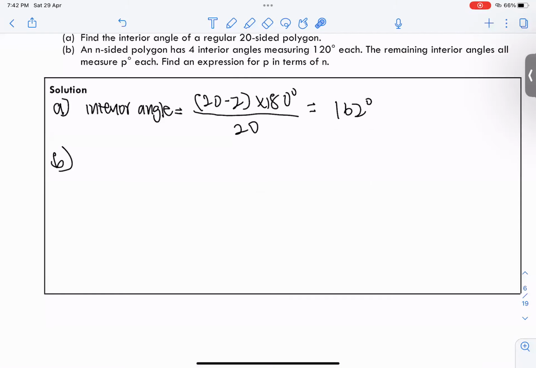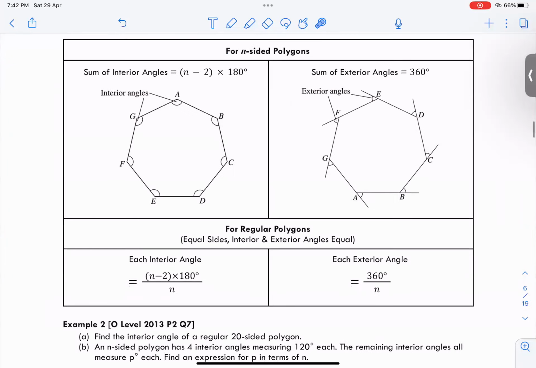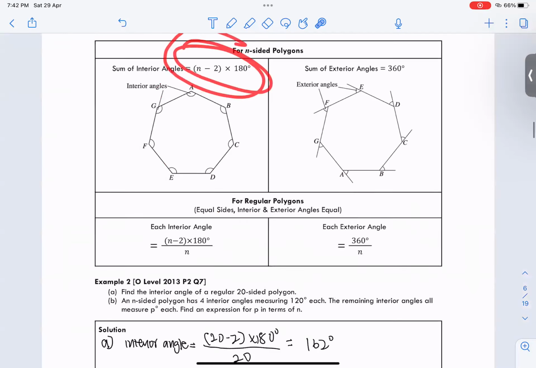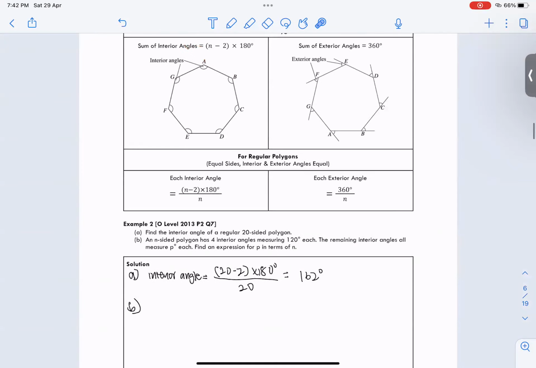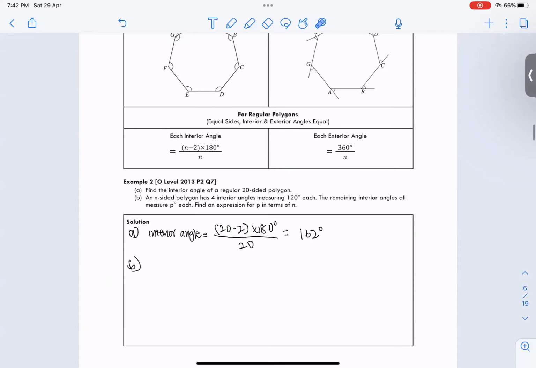So over here, you need to find the sum of the interior angles. To get p, we have 4 interior angles measuring 120 degrees plus the remaining ones to get the total sum of the interior angles.